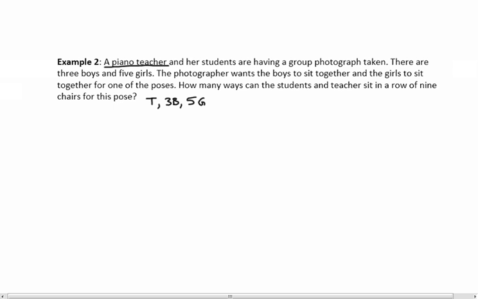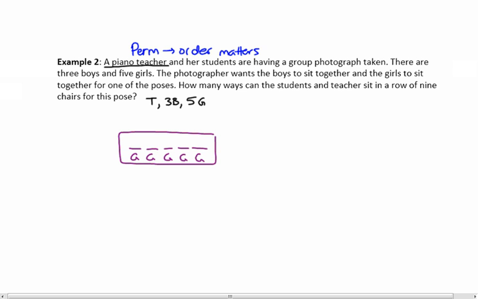There's a few ways we can set this up. You can think of it as 5 girls together.